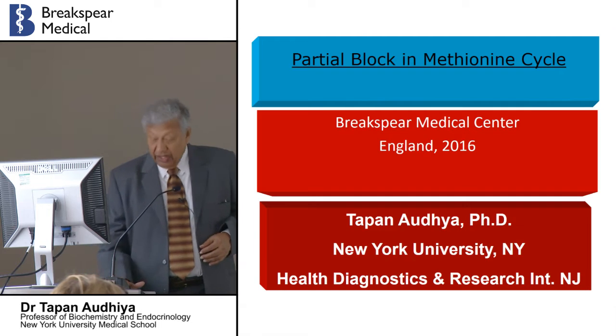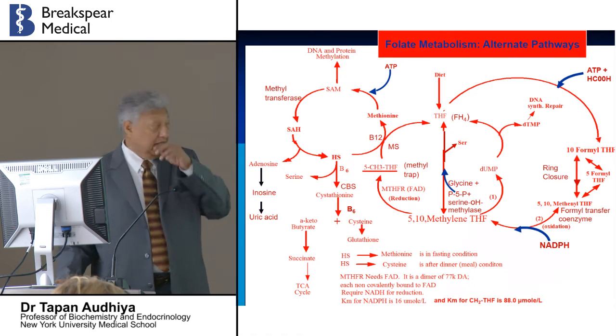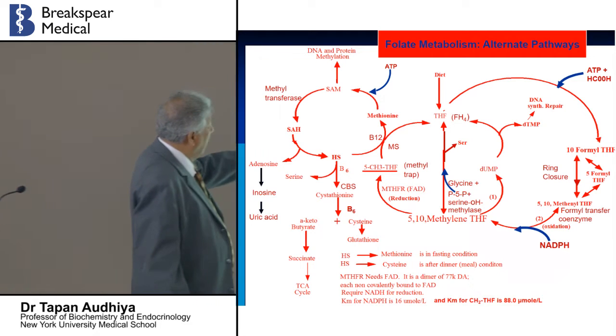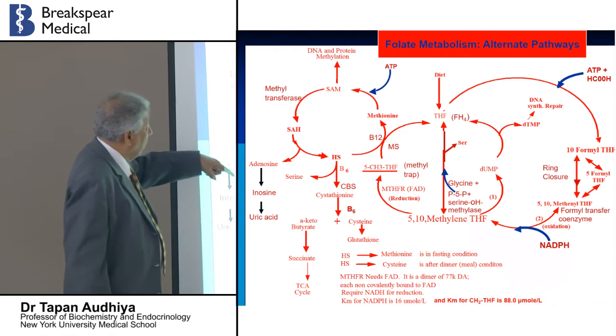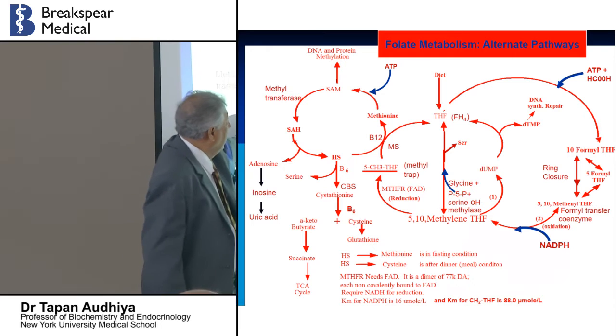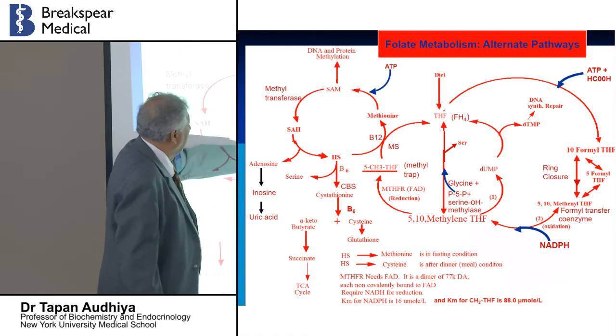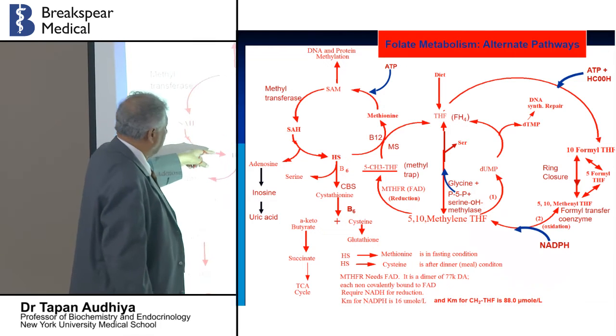So if I just introduce you to the cycle, which is extremely complicated, once we explain the one cycle, which converts methionine through a chain of reactions to homocysteine and then goes back to methionine, that's one cycle.